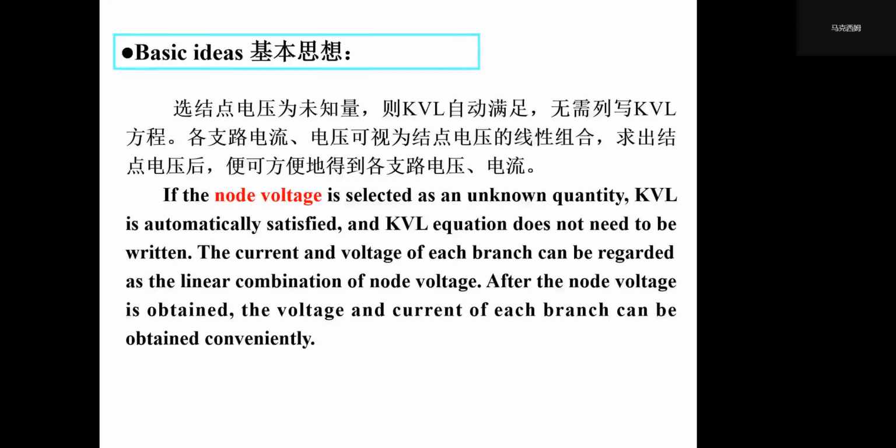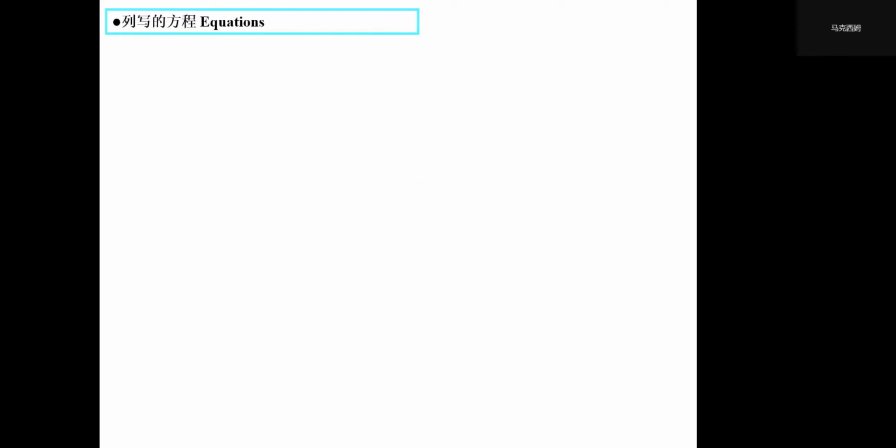And all the branch currents and branch voltages can be considered as linear combinations of the node voltages. Once we have solved for the node voltages, we can easily calculate the branch current and branch voltage in each branch by combining the node voltages. So let's see.